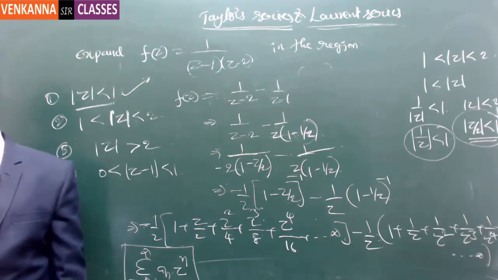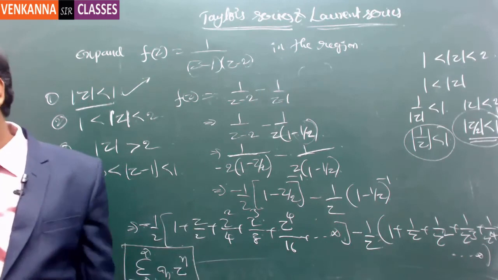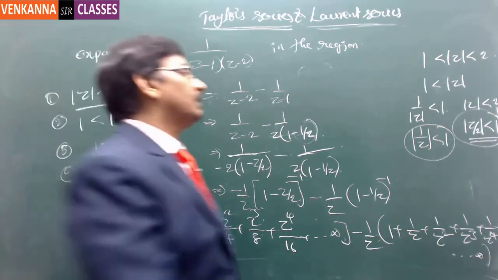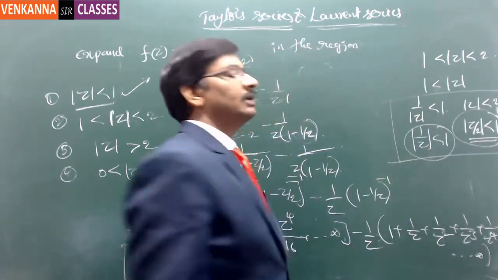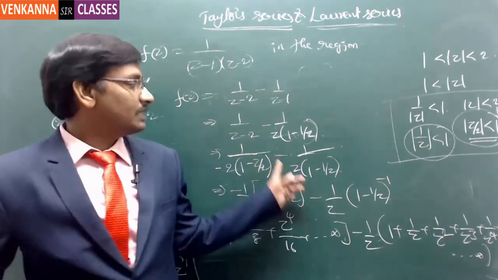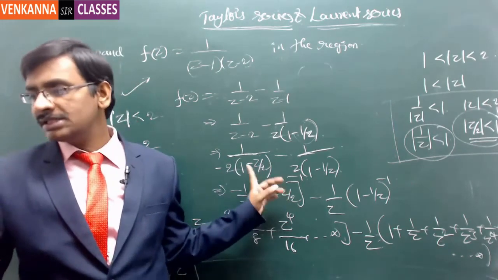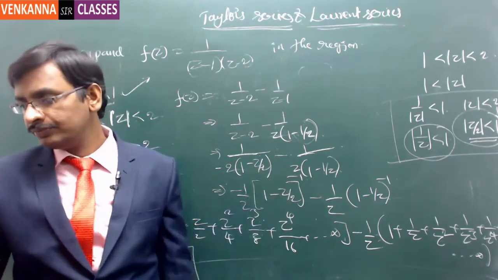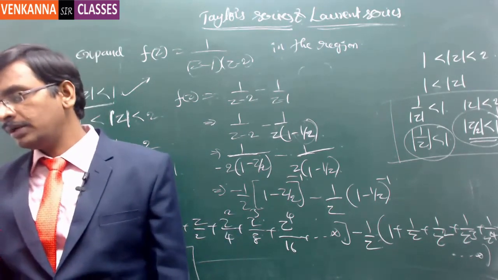Got it? So did you notice how we have got the Laurent series? The only understanding needed is that you need to appropriately bring the conditions so that the x value, or the other part of the binomial expansion, should always be less than 1. This is the only thumb rule. Got it?